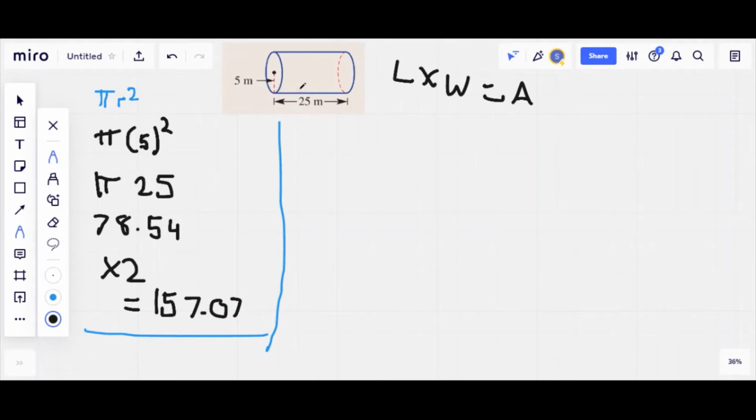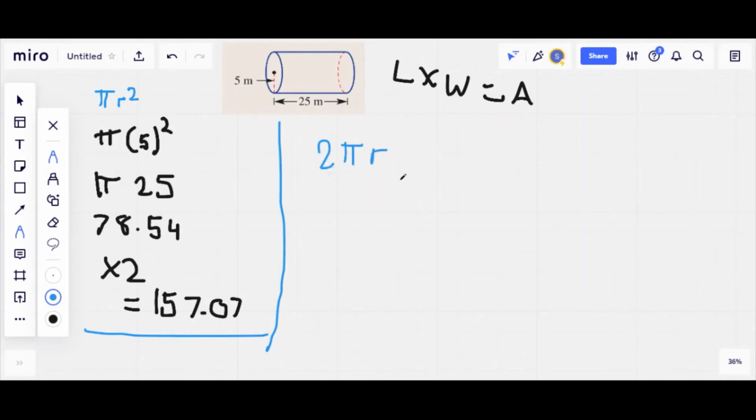Our width will actually be equal to the circumference of the circle. It's as if we've got a can, we've cut it, and then we're unwinding it. So this rectangle would be as wide as the circumference of this circle. So we need to find the circumference first. Our formula for the circumference of a circle is 2 pi r.